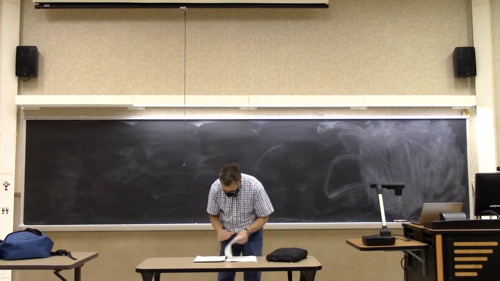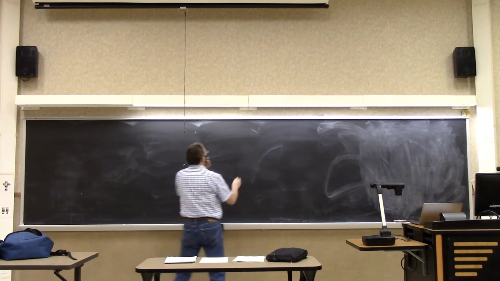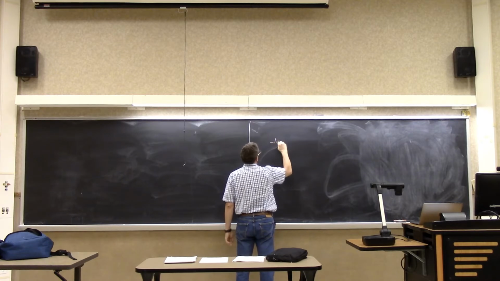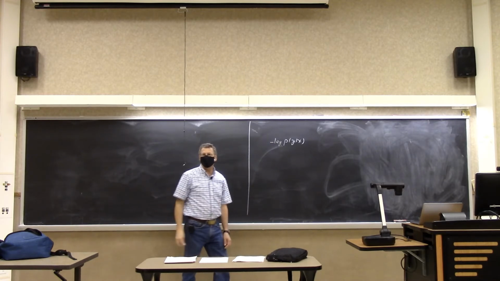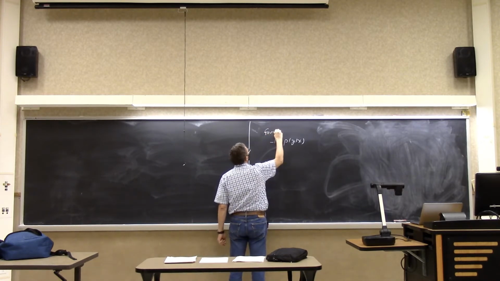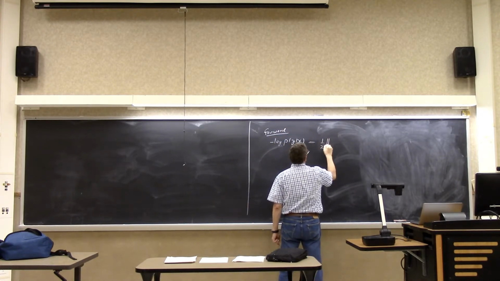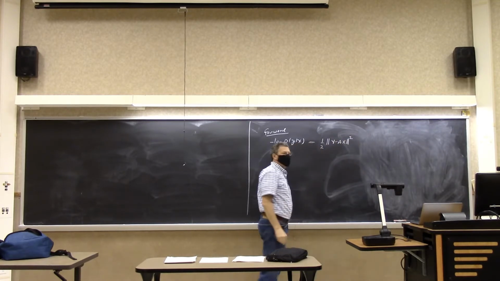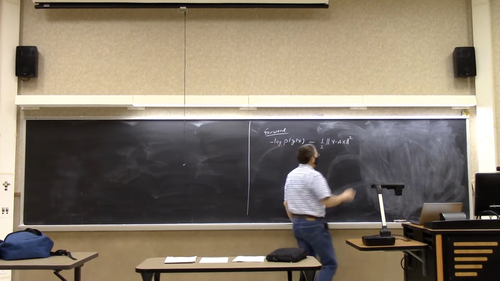What happens is this: the concept in MAP estimation is that the negative log of P of y given x, so that's the forward model, right, is equal to one half the norm squared of y minus Ax, plus some constant.